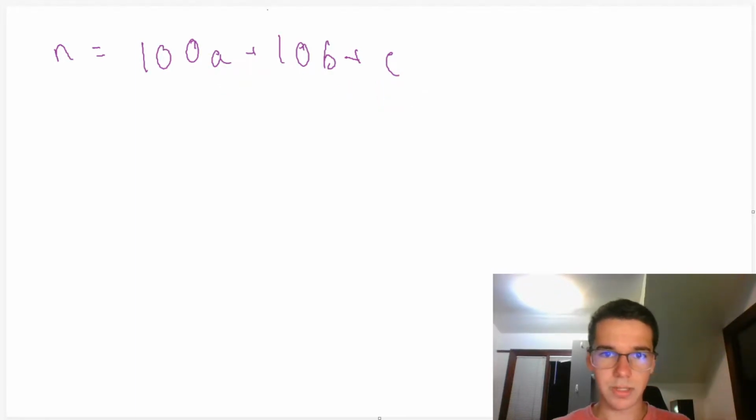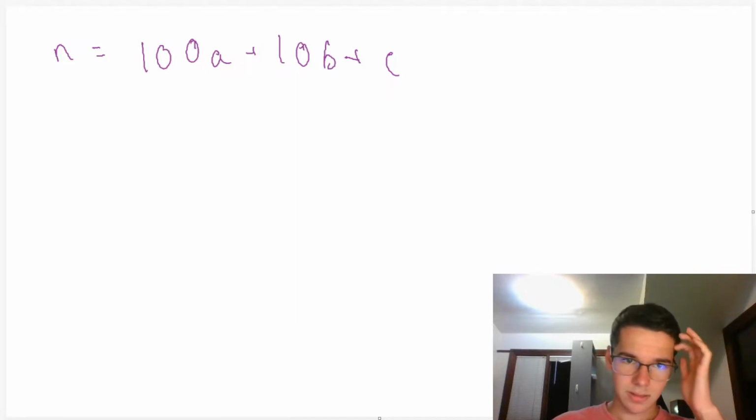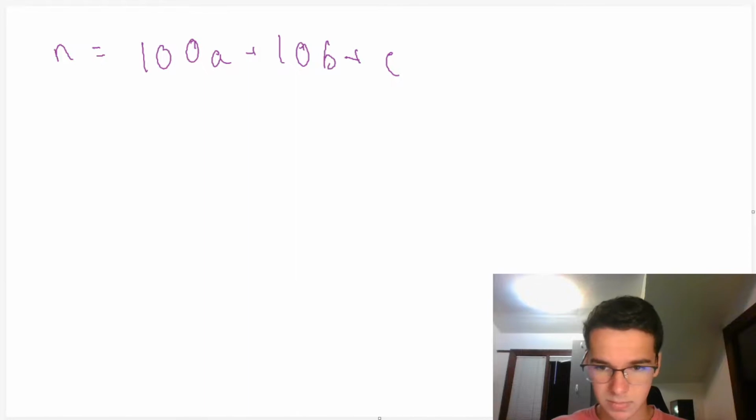And then we also say that if the sum of the digits of n is divisible by 9, then n is divisible by 9.